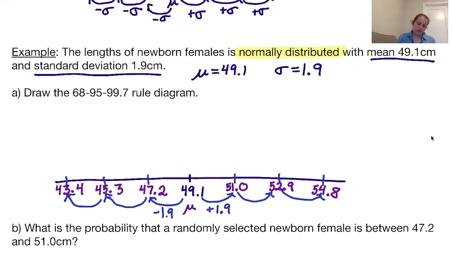Then what we have is from 47.2 to 51.0 is 68% of our data falls here.